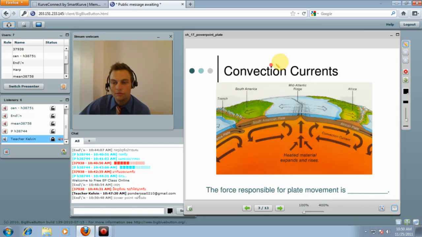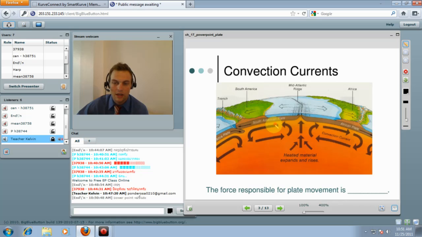Okay, so convection currents. This is basically a really good diagram of the top sheet of the Earth, and then this kind of lava mantle that's just below the surface, and this is what the plates kind of float on top of. And because there's many different plates, and we'll see later the specifics of different kinds of plates, this liquid is moving in this kind of circular pattern, and some of it's moving up.